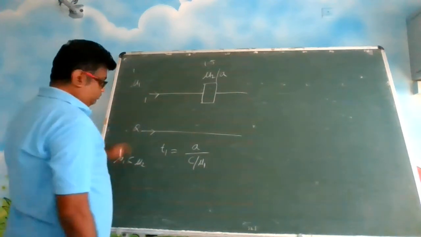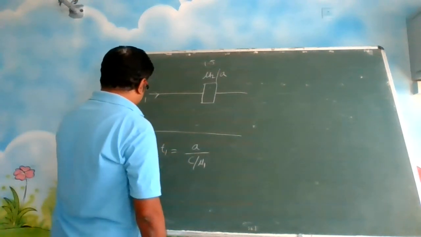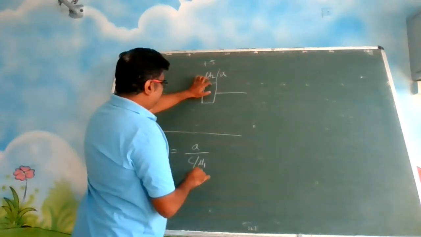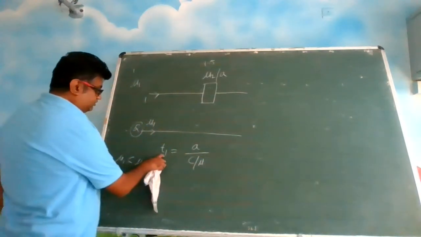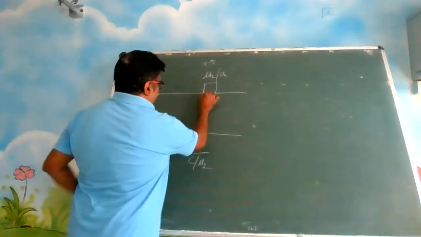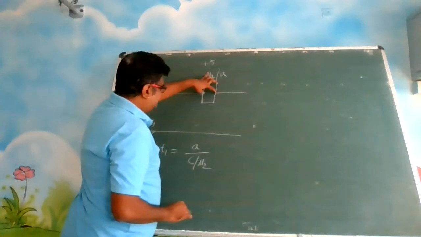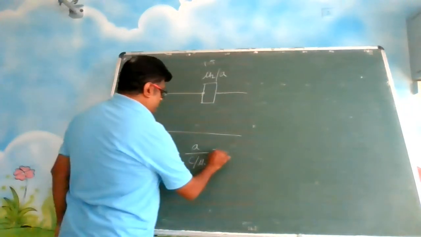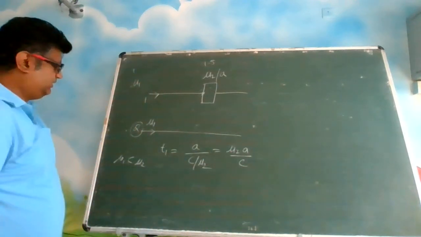While calculating outside, you need to take mu 1. While calculating inside, you need to take mu 2. So I have to take mu 2 here. Don't get confused about 1 and 2 here. See, what are you trying to do? You are trying to find out how much time this ray will take from this point to this point. So this distance divided by the speed. What is the speed inside the medium? C divided by mu 2. It is mu 2 A by C.